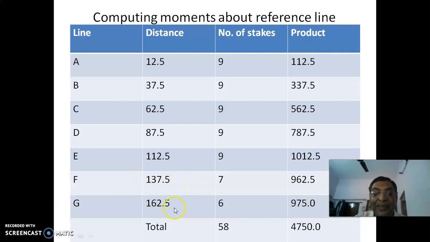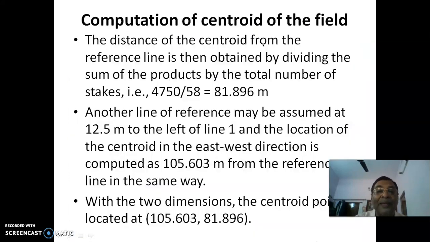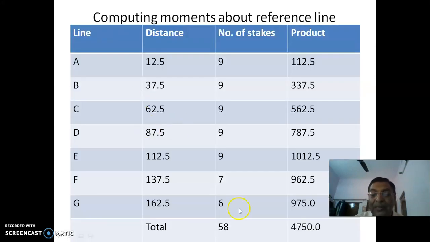So then what is the next step? The number of stakes is 58. You have to add all these numbers of stakes, and similarly, this product is to be added. When you have added all the stakes and the product totals are done, the distance of the centroid from the reference line is obtained by dividing the sum of the products by the total number of stakes.